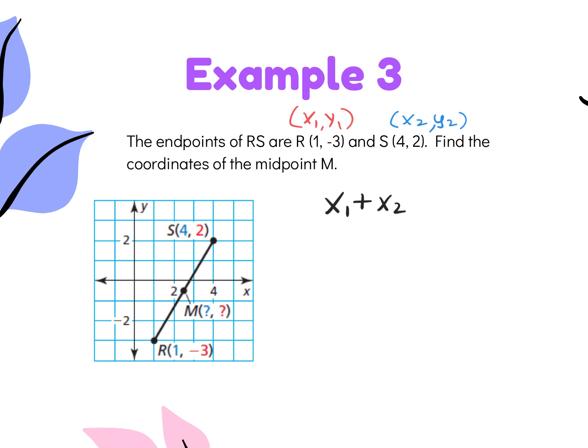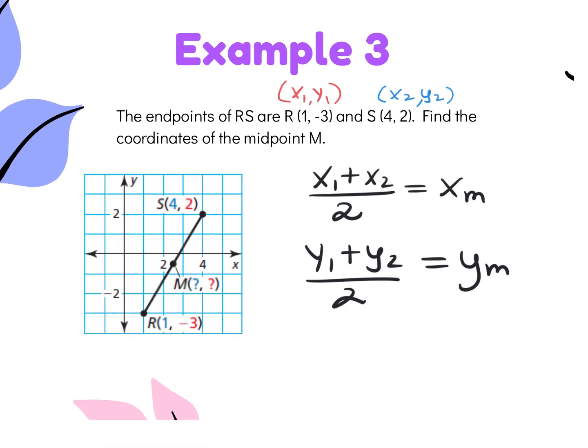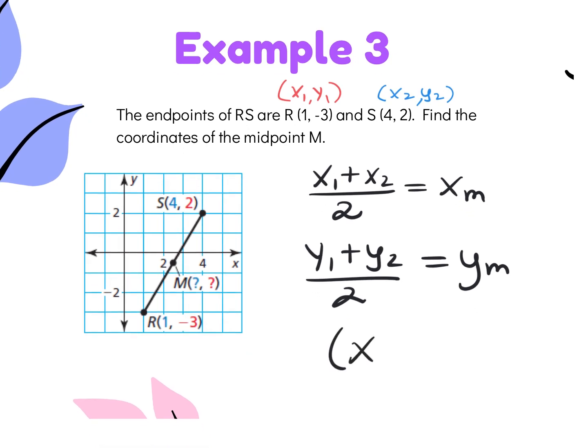So you're adding x1 plus x2, divide by 2. Remember, this is going to give you the x of your midpoint. And then y1 plus y2, divide by 2, will give you the y of the midpoint. And then when you go to write your answer, remember it's going to be an ordered pair or a coordinate.